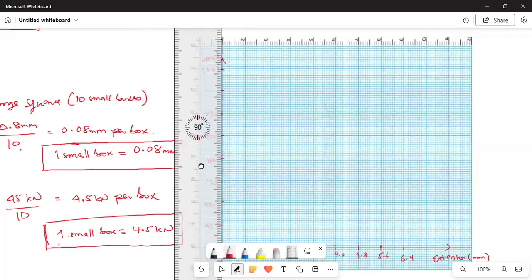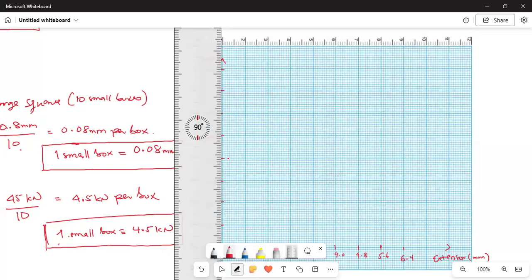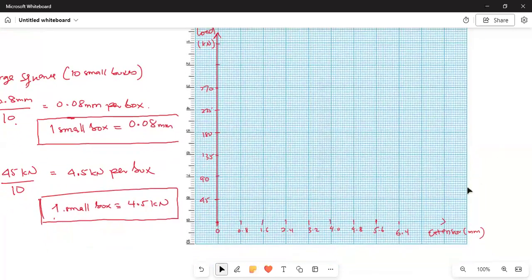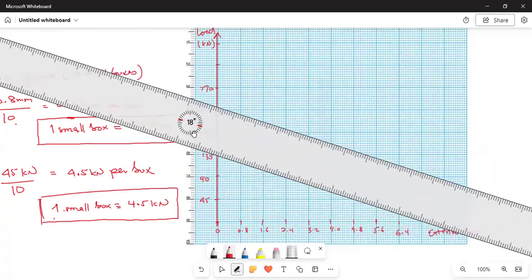You have to use your pen or whatever pencil you have to draw this. So I will draw this. Let me move up a little bit. I'm rotating to 0.